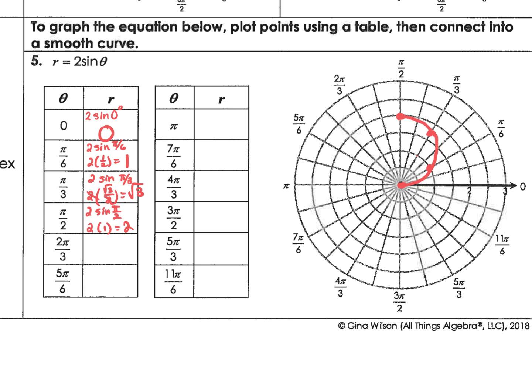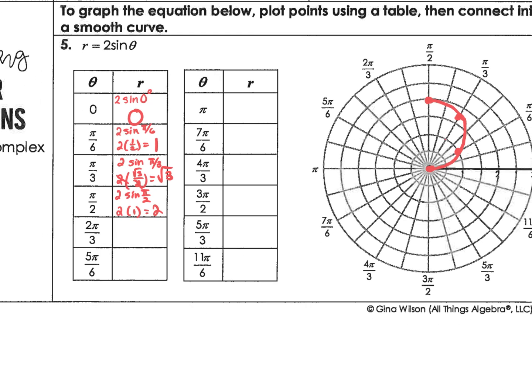Now, let's finish it out and see what we see. 2 pi over 3. 2 sine 2 pi over 3 would be 2 times what? Sine of 2 pi over 3 is the same as pi over 3, so this is root 3 over 2. So this is again root 3, which is about 1.7. So at 2 pi over 3, it's now 1.7 again.